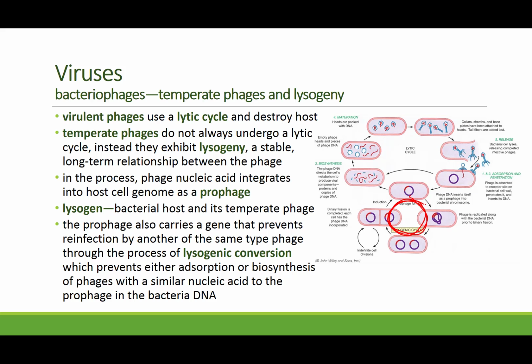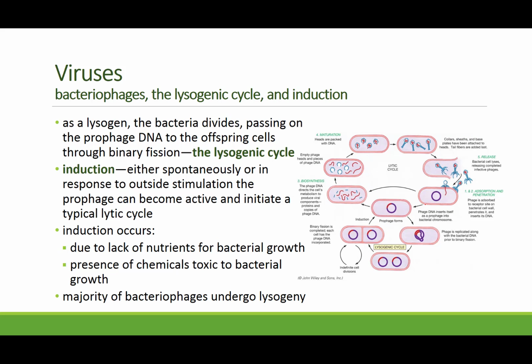But any phages of the same species as that virus will be unable to infect the bacterium. So this lysogenic cycle continues, producing more and more offspring cells through binary fission with the prophage in the DNA.